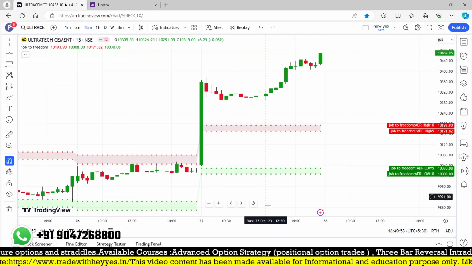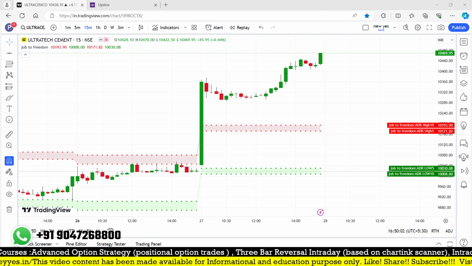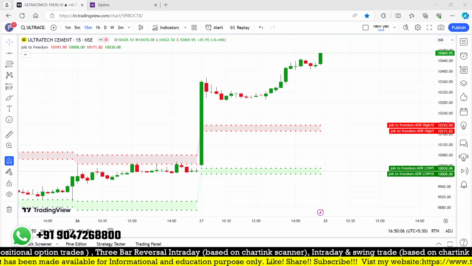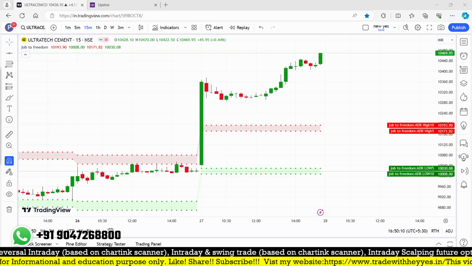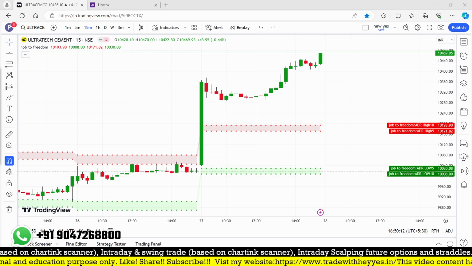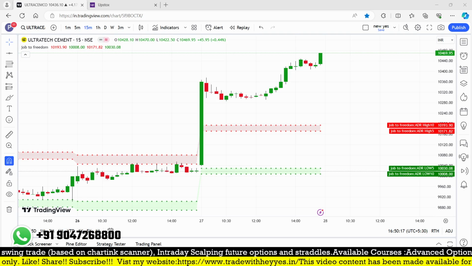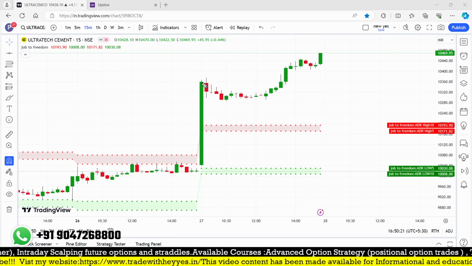But you can look at this, the ADR value of Ultratech Cement, the highest value, comparing two ADR indicators like a 10 and 5. So 10,193 is the highest value, but the stock closed nearby the high of the day, around the first candle itself. I'm not talking about the day high. The first candle itself is 10,360 plus.